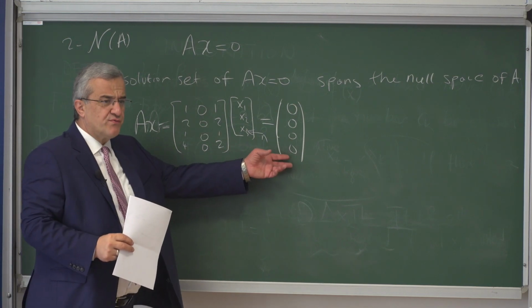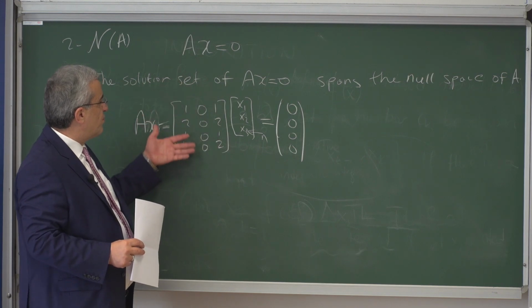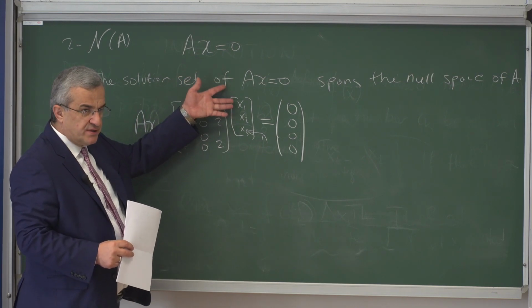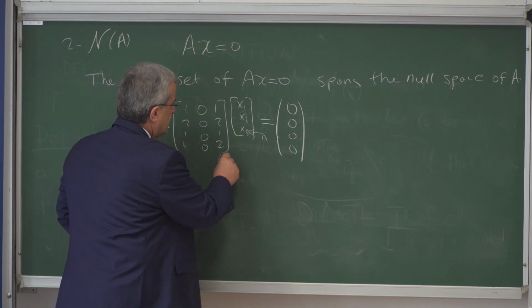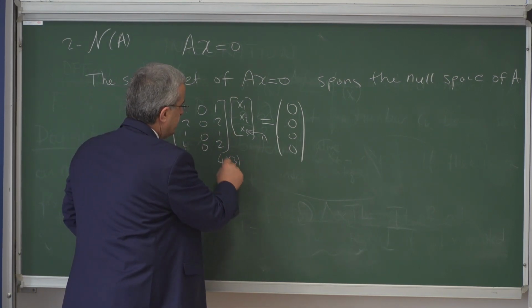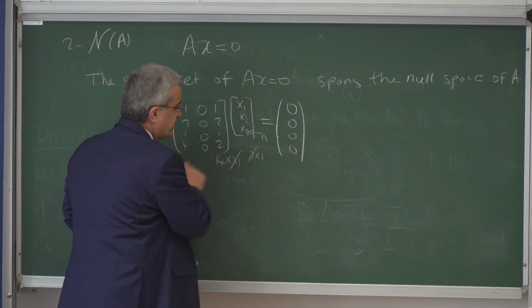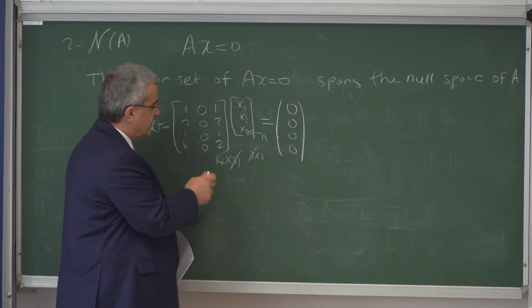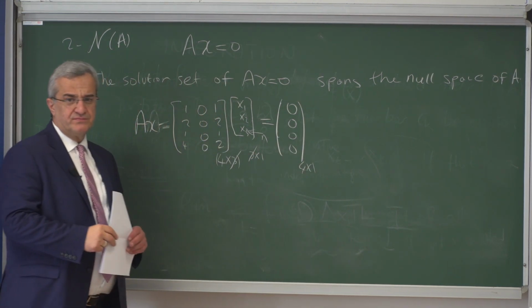So do not get confused on these things, okay? So you multiply a 4 by 3 matrix by a 3 by 1 matrix, okay? 4 by 3, and this is 3 by 1. So these 3 are canceled, so to speak. So the result is 4 by 1, okay?